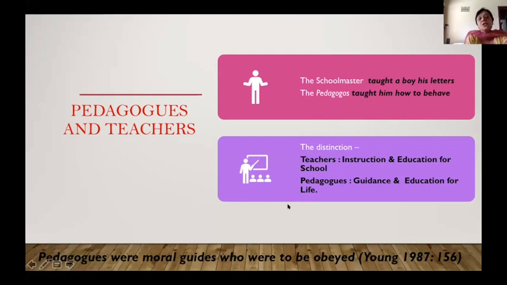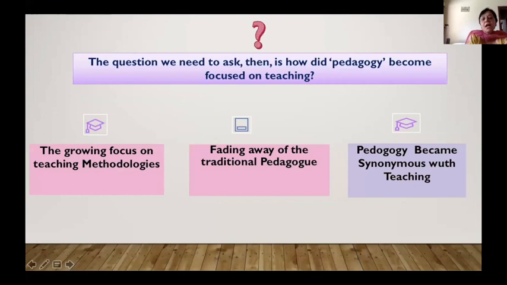Now the question arises, if pedagogy had nothing to do with teaching, how did it become synonymous with teaching? What happened in the later centuries is that there was a growing focus on teaching methodologies. A lot of debate happened on teaching methodologies, and eventually the traditional pedagogue system faded away, and that is how teaching became synonymous with pedagogy.